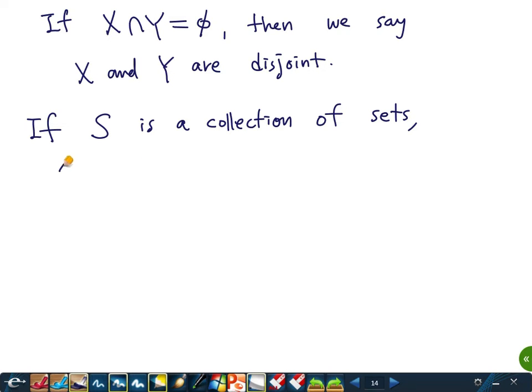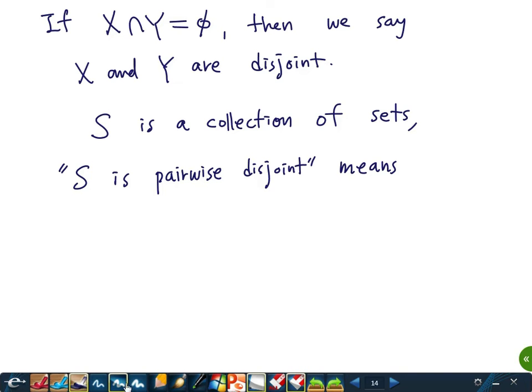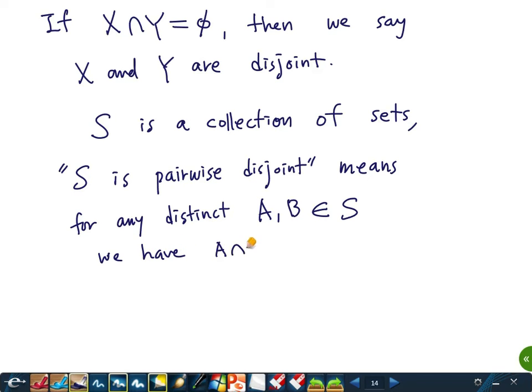Then we say S is pairwise disjoint. Suppose that S is a collection of sets, and S is pairwise disjoint means the following: for any two distinct sets A and B in S, we have A intersect B equals empty.